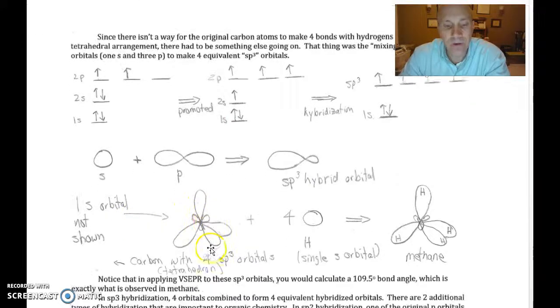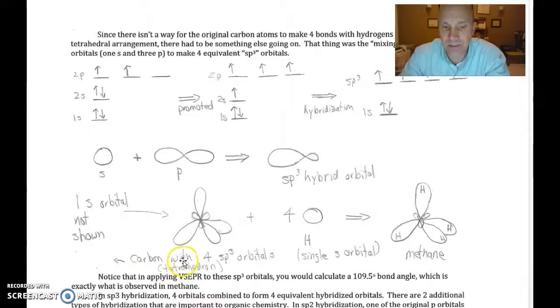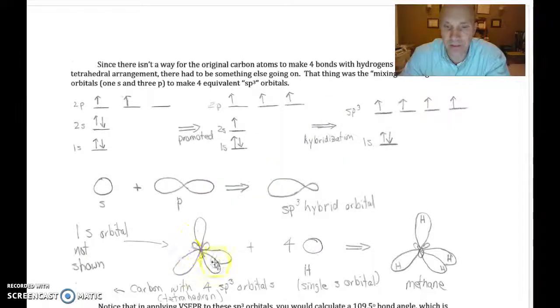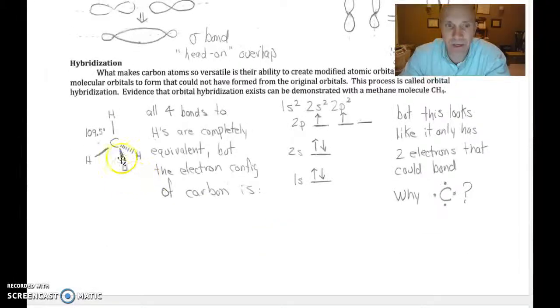So this right here would represent a carbon that's got 4 sp3 orbitals. Notice these are all orbitals that are in the second level, so these would all be considered valence level orbitals. Now, remember we're trying to make methane here, so we also have 4 hydrogen atoms.